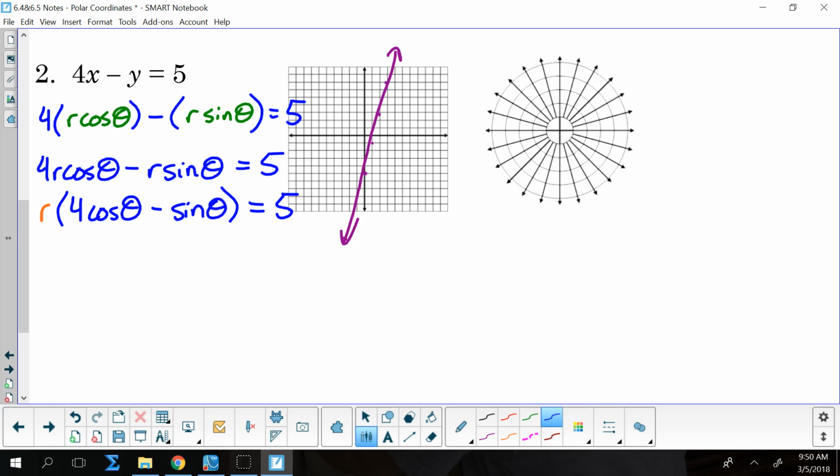So how do I get it r equals? Divide both sides by the 4 cosine theta minus sine theta. So r is going to equal 5 divided by 4 cosine of theta minus sine of theta.